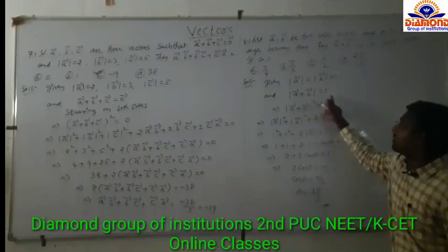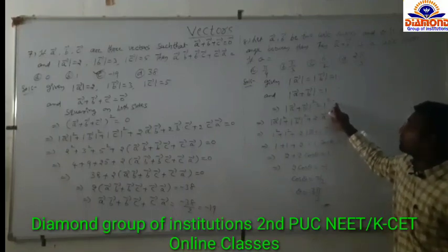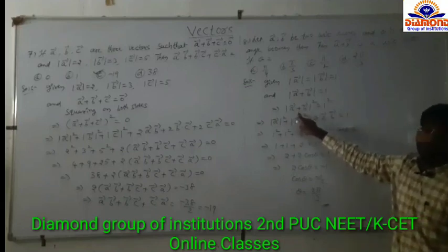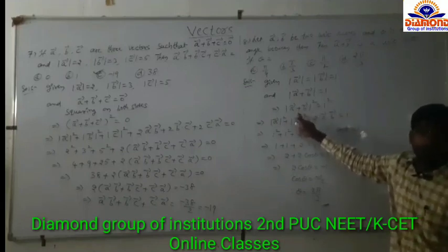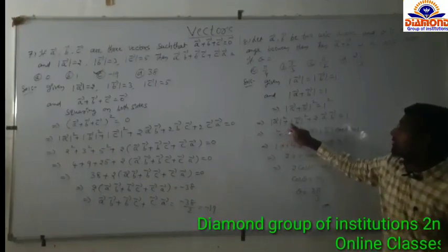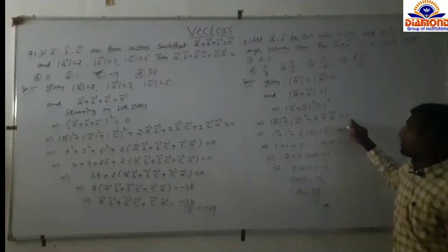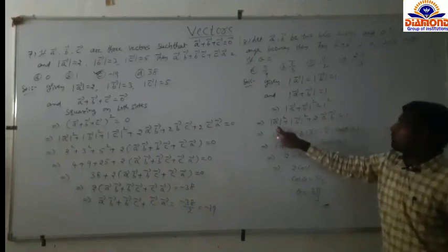Now squaring on both sides, |a + b| whole square equals 1 square. On this side you can apply the (a + b) whole square formula: a square + b square + 2ab. So |a|² + |b|² + 2a·b = 1. |a| value is 1, |b| value is 1.